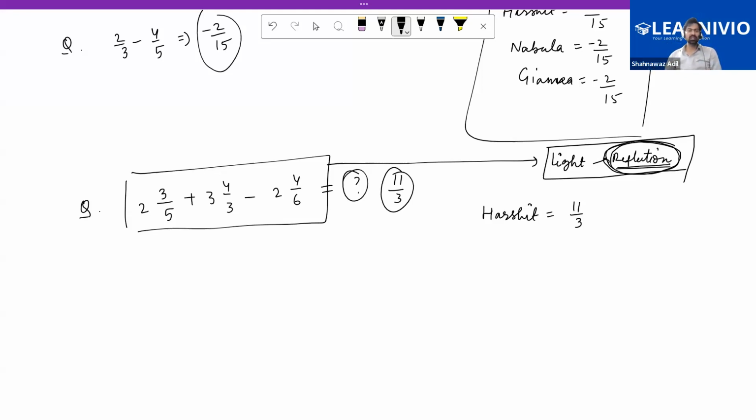These are the things that we have already learned in our 6th and 7th standard, right? All those things you will need in this 10th standard.